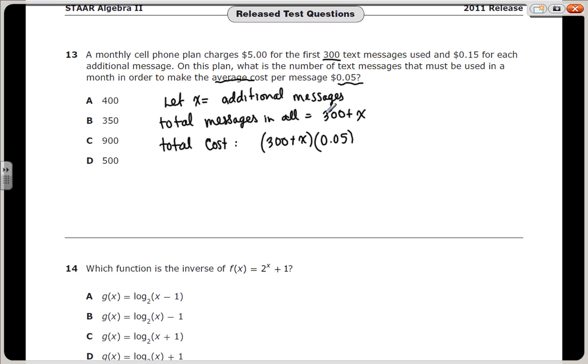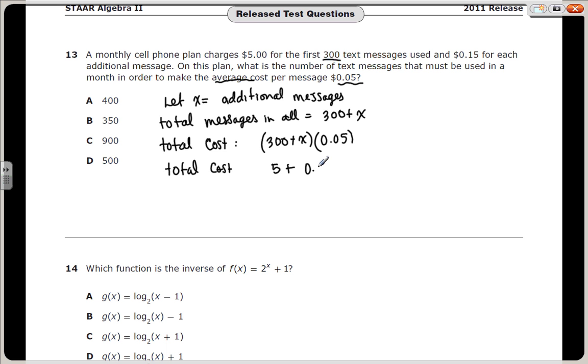All right. Now, if we take a look at what the cell phone plan suggests, it says $5 is for the first 300 and 0.15 for each additional. And each additional, remember, is going to be X. So if this is the total cost, using the pricing plan right here, the total cost can also be written as the original $5 plus 15 cents per additional message.